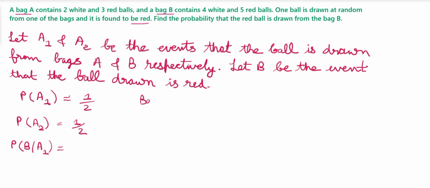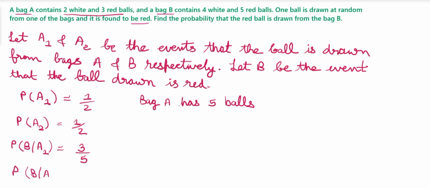For red color we have represented it using event B, and bag A has 5 balls, as there are 2 white balls and 3 red balls. We have to draw red ball, so it will be 3 divided by total number of balls, which is 5.